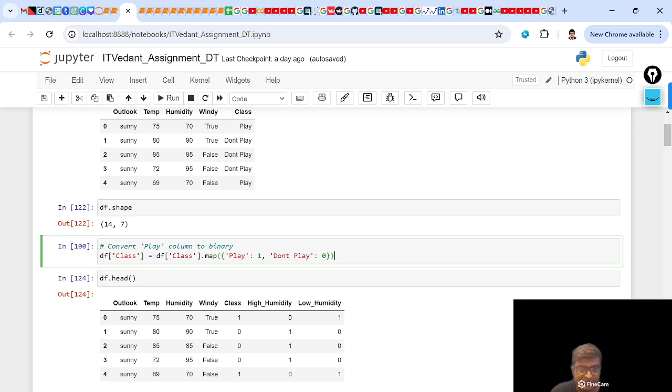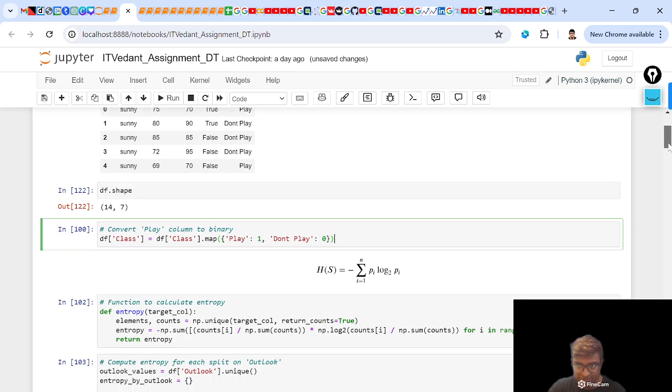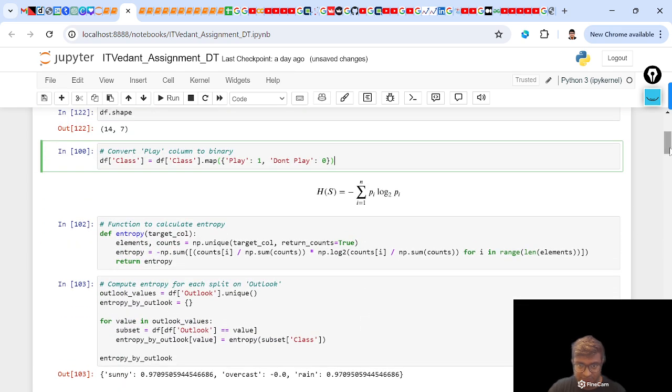Once we have done a label encoding, then, as I said, the internal criteria used to get the root node, the feature which will be used as a root node, is based on two concepts. One is entropy, and on top of that, we find out the information gain.